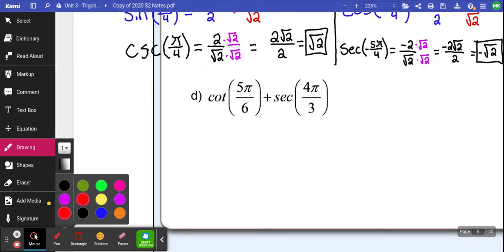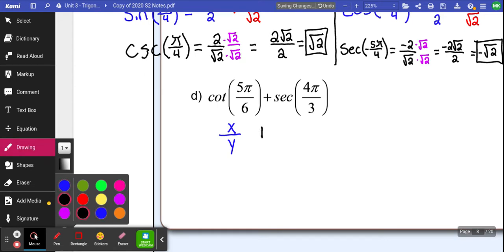Okay, last one down here. It's the hard one. So you're looking for cotangent of 5 pi over 6, plus secant of 4 pi over 3. You break that down. This one will be x divided by y at 5 pi over 6.